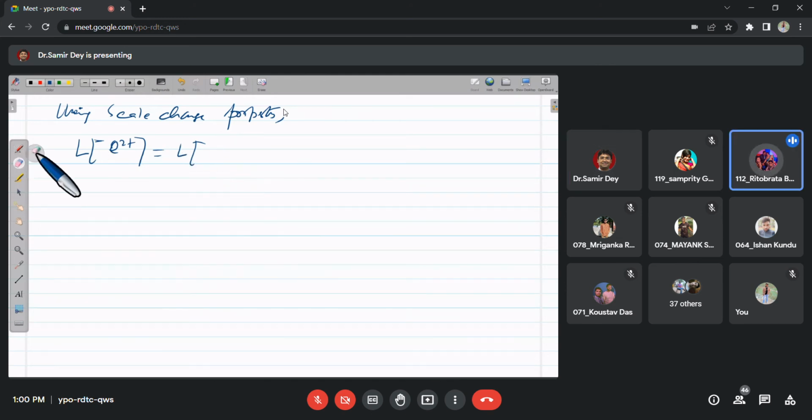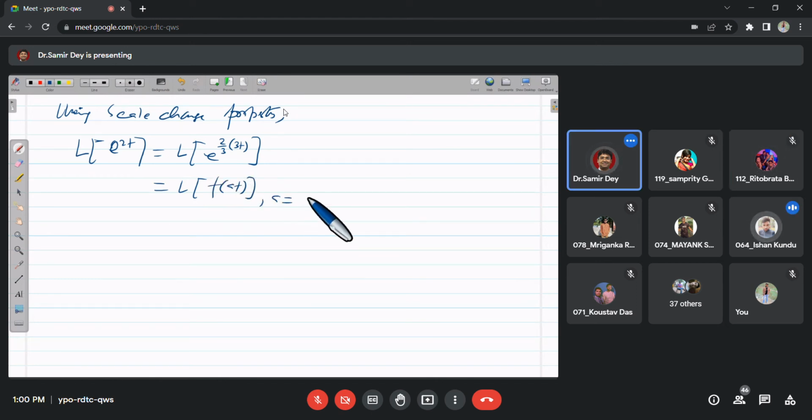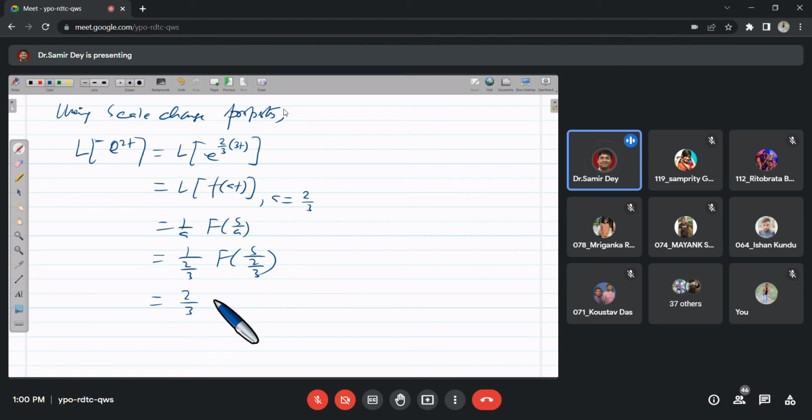Sir, 2 by 3 into 3t. Yes, e to the power 2 by 3 into 3t. Correct. So a equals 2 by 3. It is coming 1 by a F of s by a, that is 1 by 2 by 3 F of s by 2 by 3. It is coming 2 by 3 F of 3s by 2.